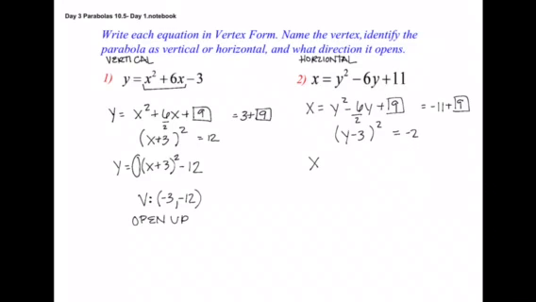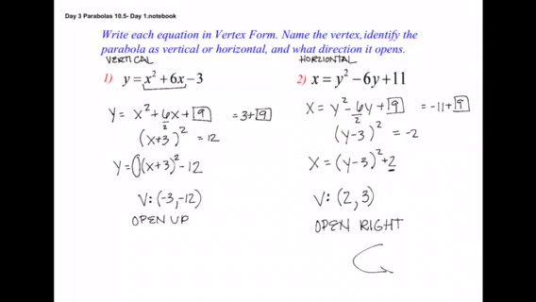We need to move our constant back over. The inverse of minus 2 is plus 2. We now can see that our vertex is at 2. So remember, because this is horizontal, our h is on the outside, and outside stays the same. Inside is the opposite. And this is going to, because it's positive, open to the right. Open right, open up.